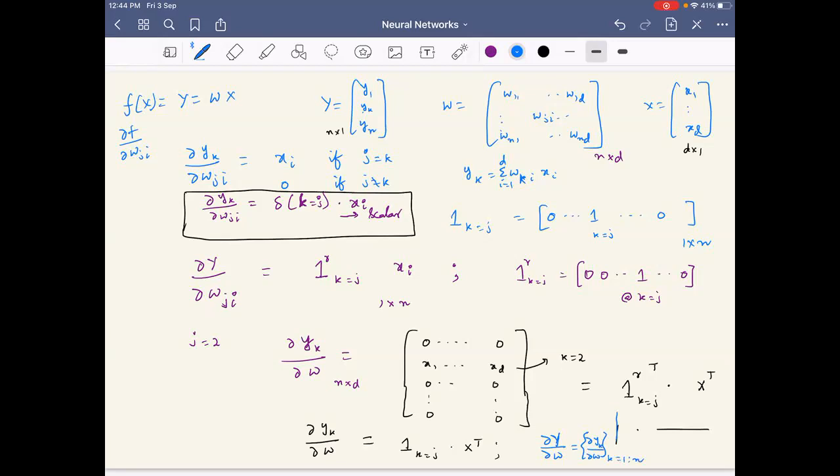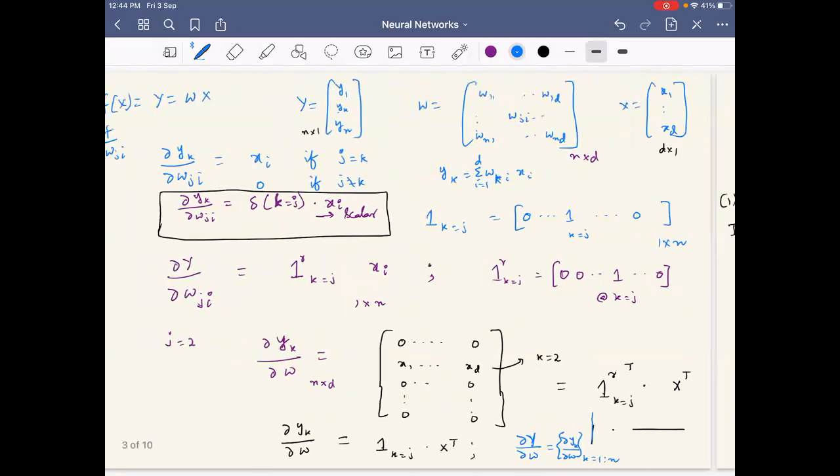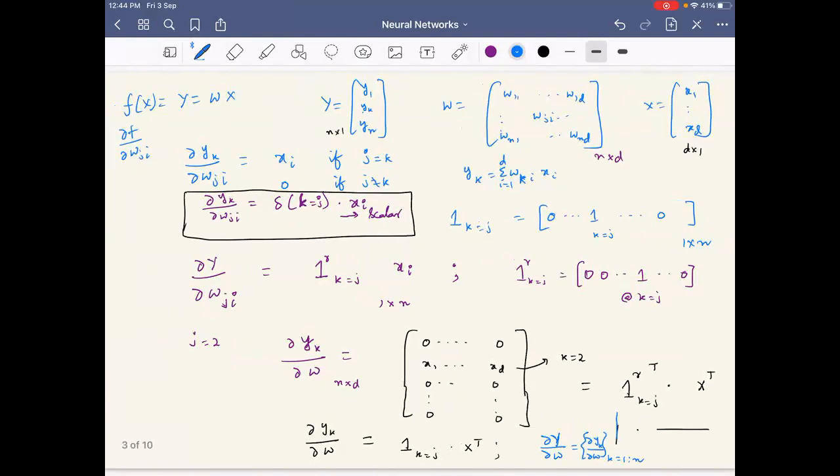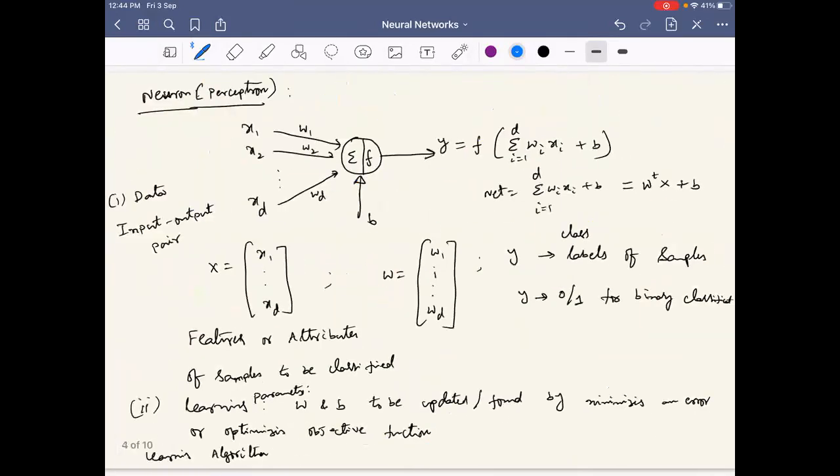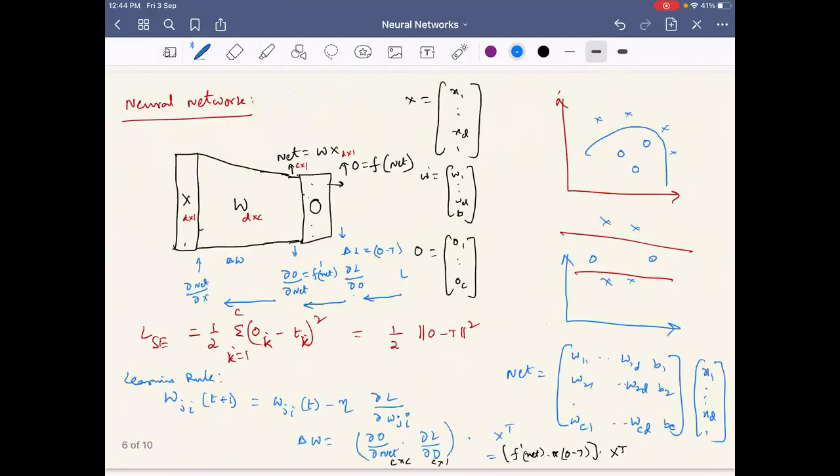So given this background, let us now see how the vector backpropagation equations will look in a feed-forward neural network. Now let us come back to the discussion we had. In the previous class, we saw this small network. This is a feed-forward network wherein there is only an input and output layer, no hidden layer.